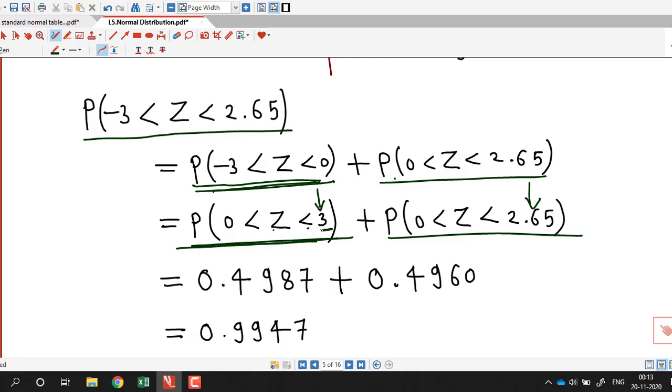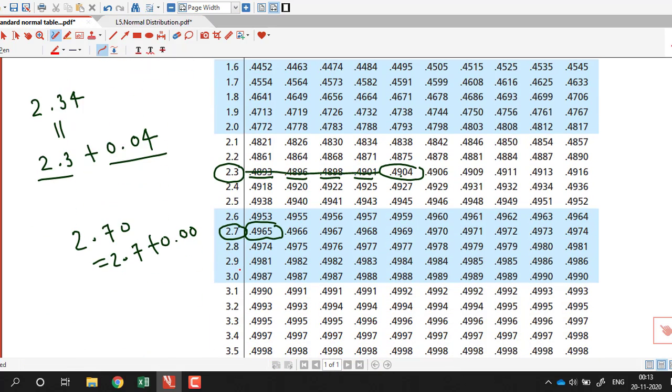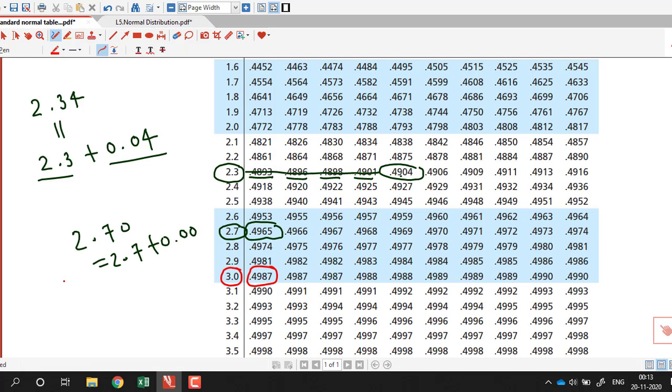First we look for z equal to 3.0. For z equal to 3.0, we have 0.4987, which we have written here. Now we have to concentrate on 2.65. 2.65 means we have to think in this way, 2.6 plus 0.05.